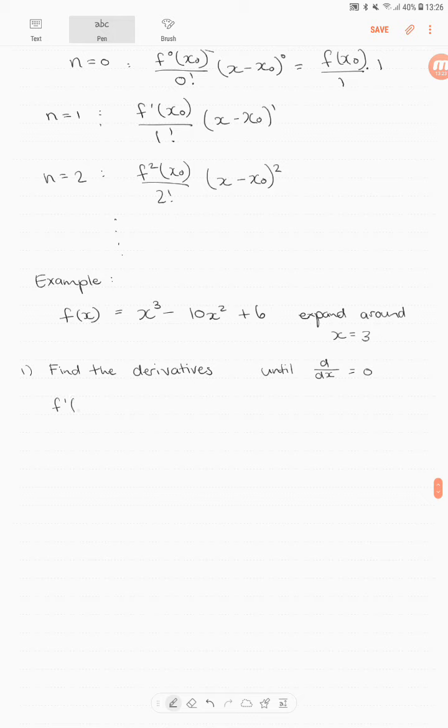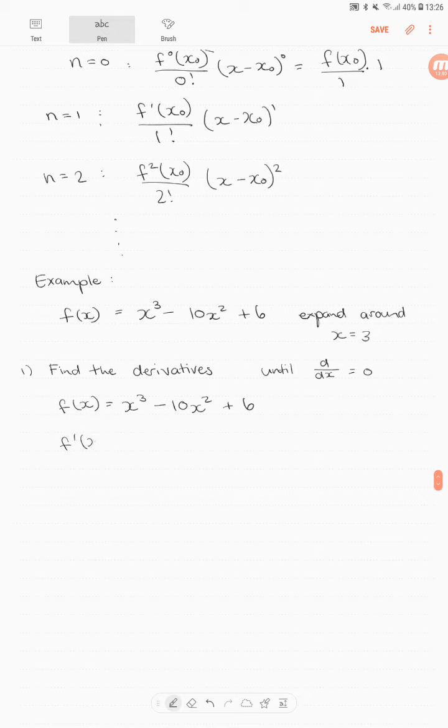So f prime of x is equal to 3x squared minus 10x... and 6 falls away. No, wait. Sorry, I'm looking wrong. So we have our function f of x equal to x cubed minus 10x squared plus 6.